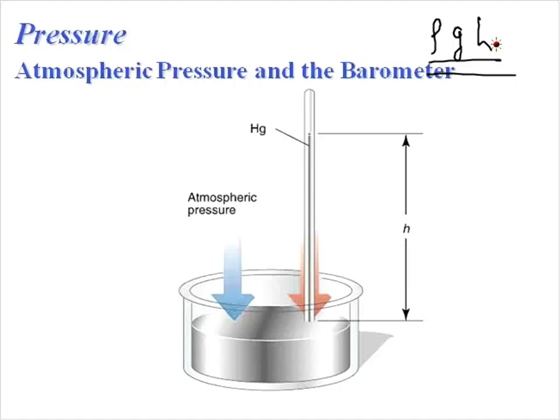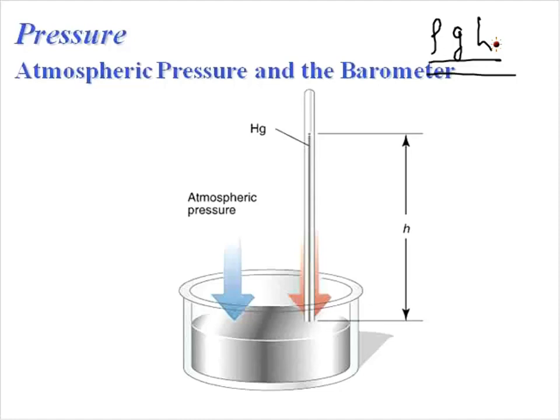Think about it. 3/4 of a meter multiplied by 13.6. Will it really be practical from a laboratory perspective? Think about the height of the roof in a room. So mercury's high density gives us lower heights, convenient to handle.